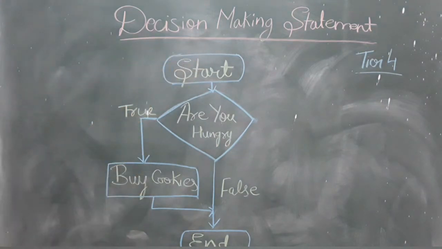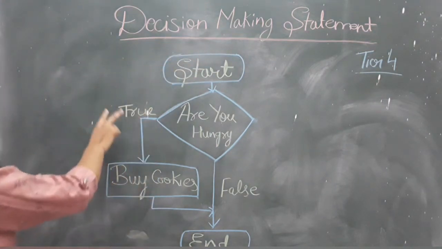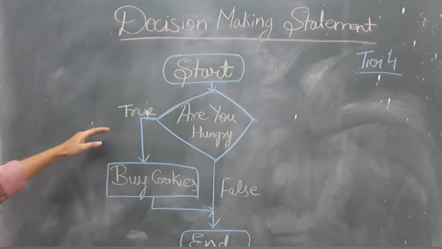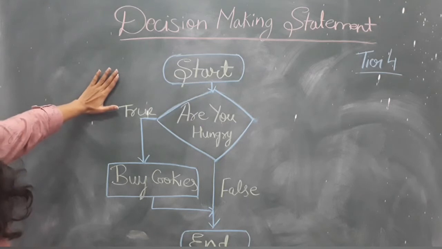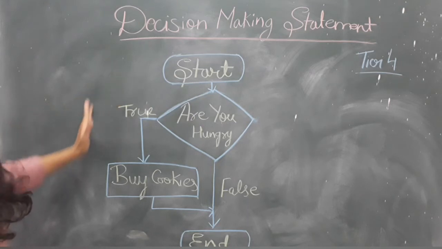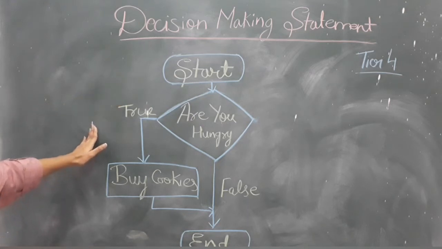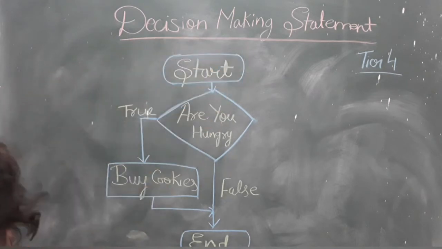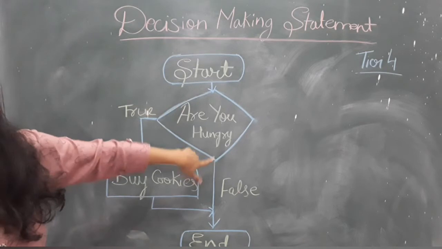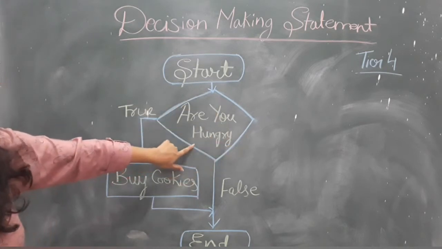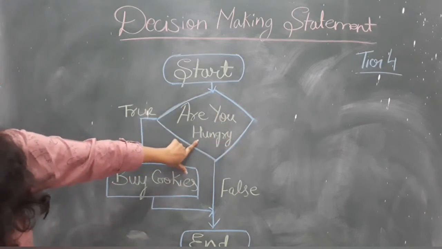Whenever we need to write any flowchart or any program in our computer, we need to make some decisions, and these programs take the decisions by using some decision making statements. As I've already taught you in flowchart, this diamond box is used for writing conditions.